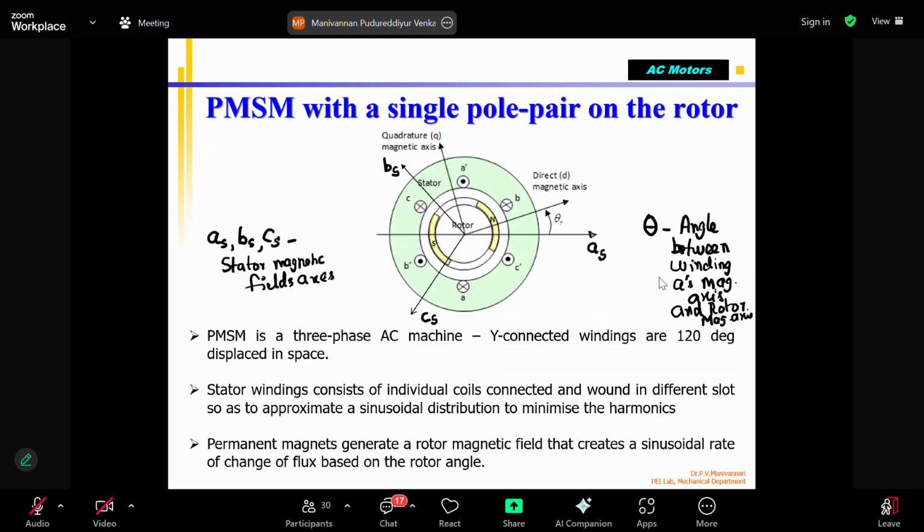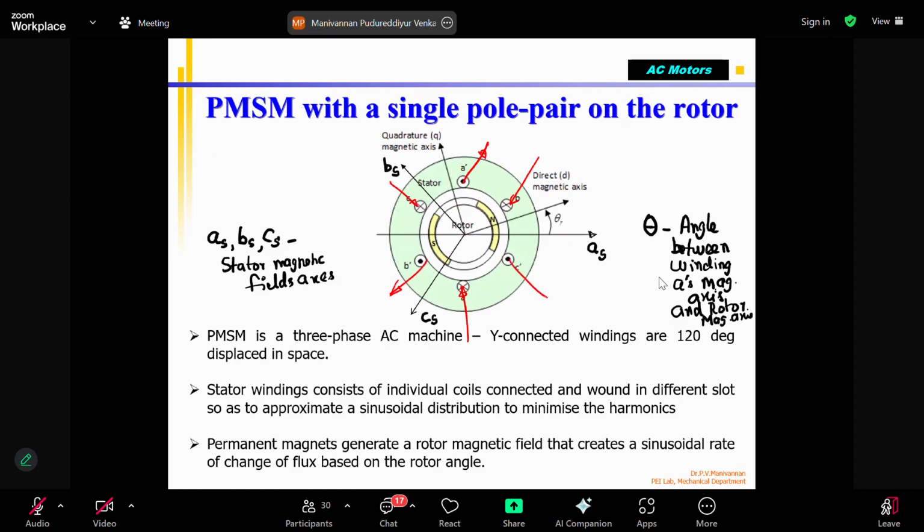Now we will talk about how this works. Because we know that we are going to supply the permanent magnet motor, there are 3 coils, A, B, C. In the A coil, current is entering here and coming out; similarly in the B coil, and similarly in the C coil.